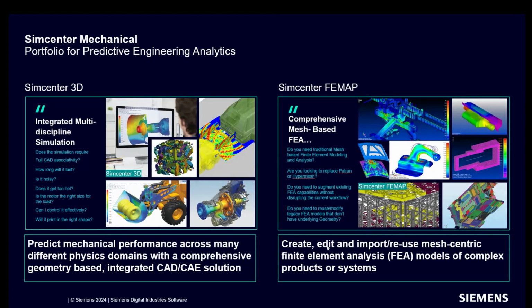It's used to predict mechanical performance across a lot of different physical domains, and it has a very comprehensive set of geometry-based integrated CAD and CAE solutions all together in one environment. And when we contrast that, we have Simcenter Femap. It's been around for about 40 years now, and it's all about creating, editing, importing, and reusing mesh-centric finite element models of complex products or systems. And we'll look at each one of these a little bit more in detail.